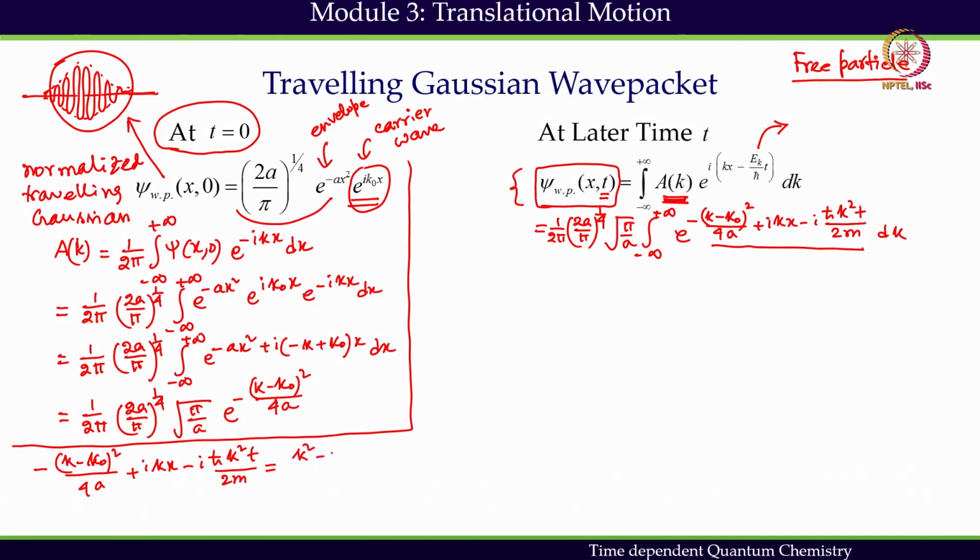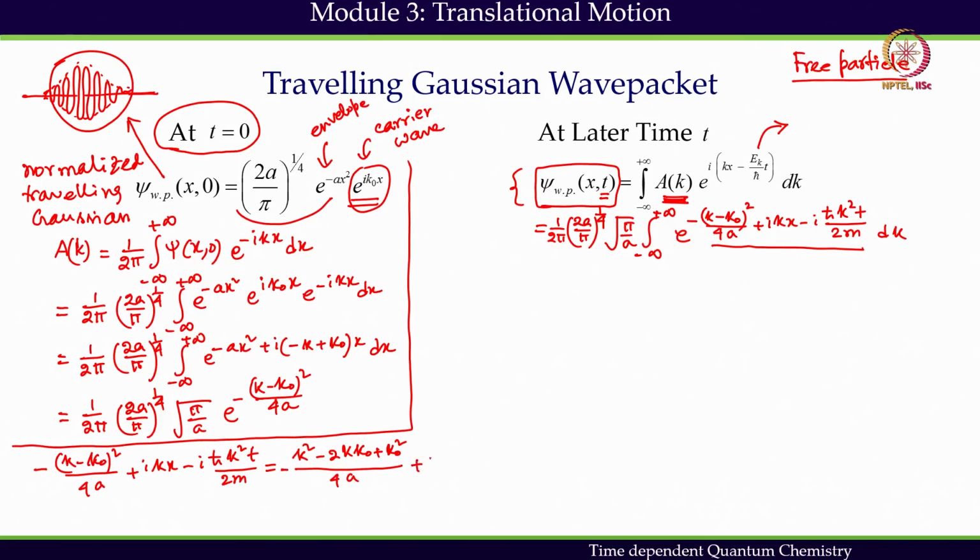k square minus 2k k naught plus k naught square divided by 4a. I have negative sign here.